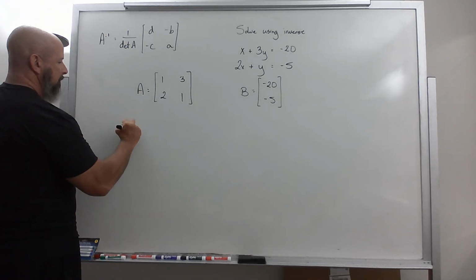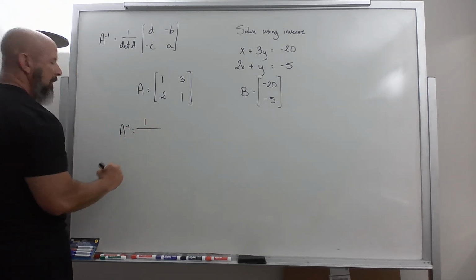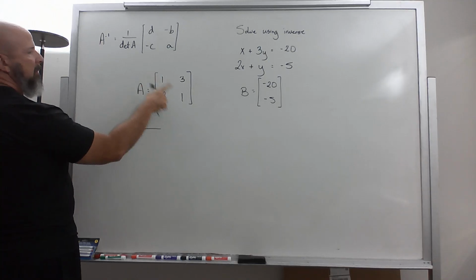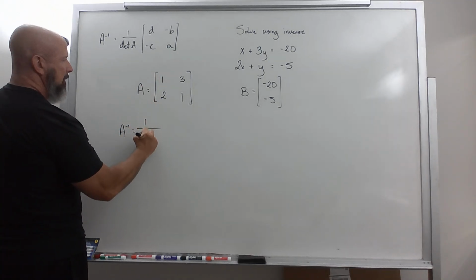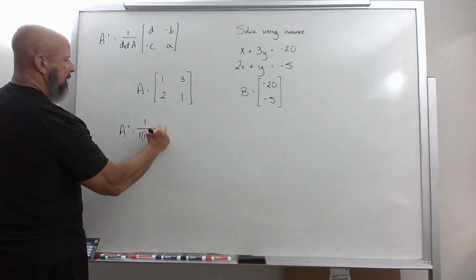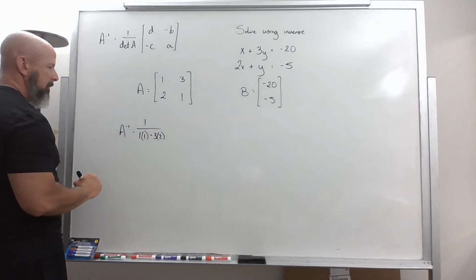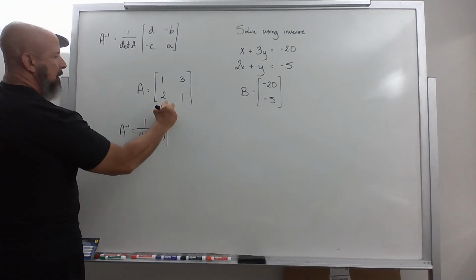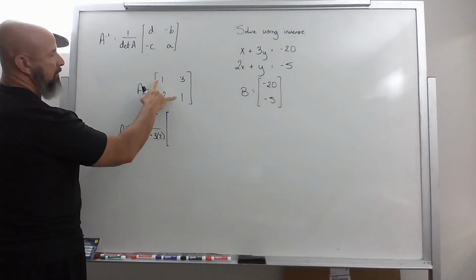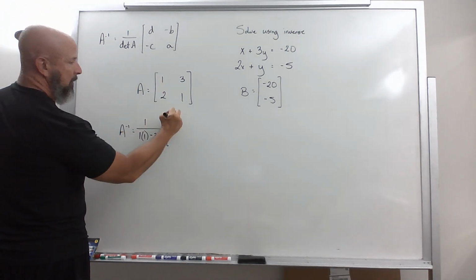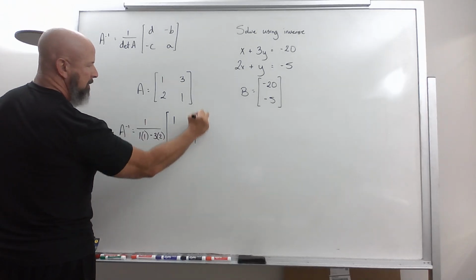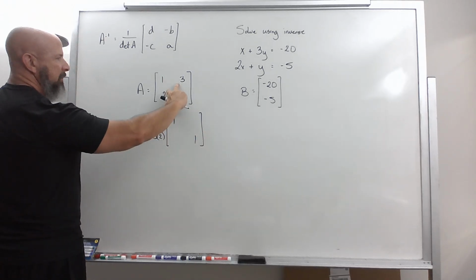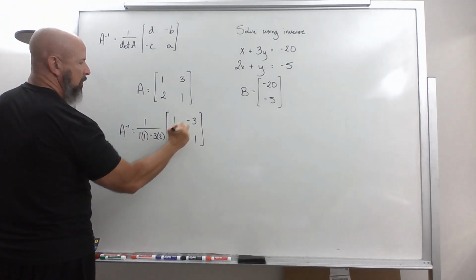A inverse would be 1 divided by the determinant. Let's see, 1 times 1 minus 3 times 2, times... So these two switch places, they are just still 1s. That's not really changing anything. These two switch signs, which now they'll both be negative.